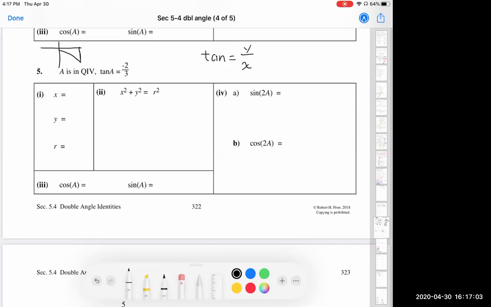So we're saying that my y is negative. Y is -2. That makes sense because my y's are on the negative side. And my x is 3. That makes sense because my x is positive. So far we have that x is 3 and y is -2. We get that from above.